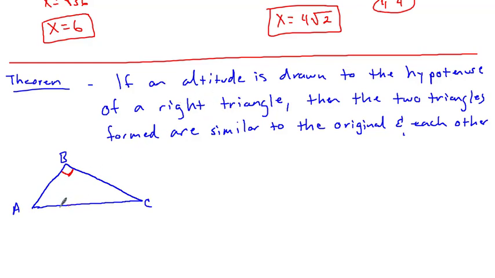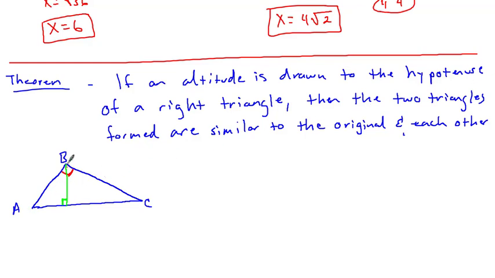So that means it's going to be drawn to here. Well, remember, an altitude goes from vertex to the opposite side, and it goes perpendicular. So we're going to draw from our vertex to the opposite side, and it's going to be perpendicular. Then the two triangles formed are similar to the original and each other.